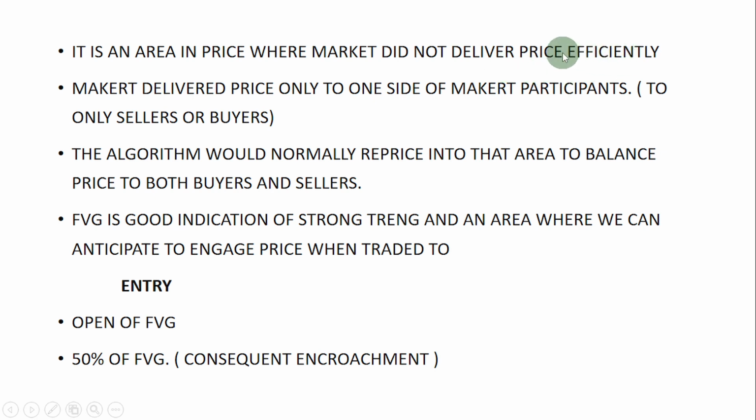When we say efficient price action, it means that price has been delivered to both buyers and sellers. But in a case where the market decides to deliver price only to buyers or only to sellers, then we say that price has been delivered inefficiently.